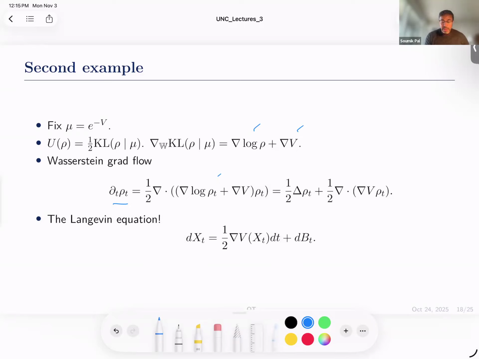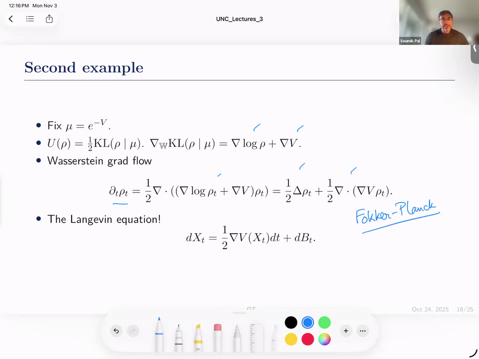I get this formula, and if I write this down, it is 1/2 the Laplacian plus 1/2 the divergence of the gradient of V times ρ_t. This may seem strange, but this is nothing but the Fokker-Planck equation.